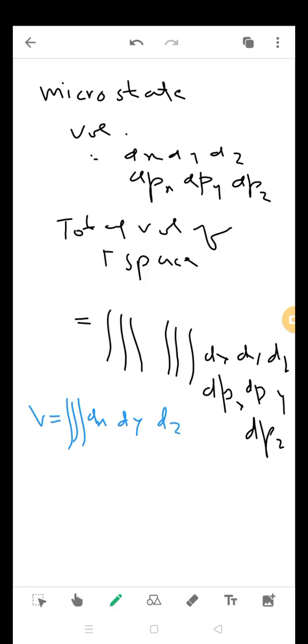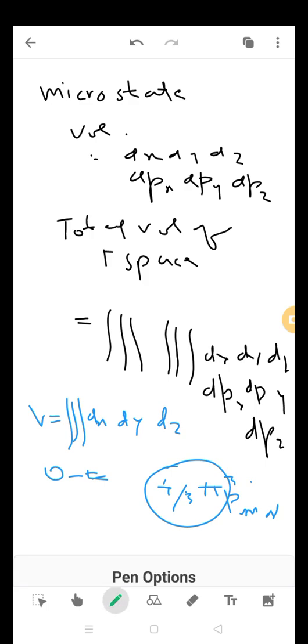So in the energy range 0 to E, if we create a sphere in a momentum space with the dimensions px, py and pz, the volume of the sphere will be 4/3 pi p cube, or we can call it p max cube.